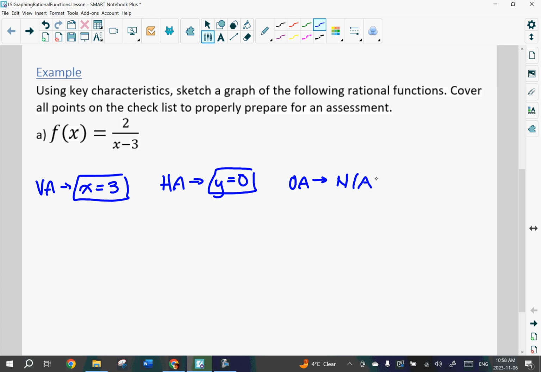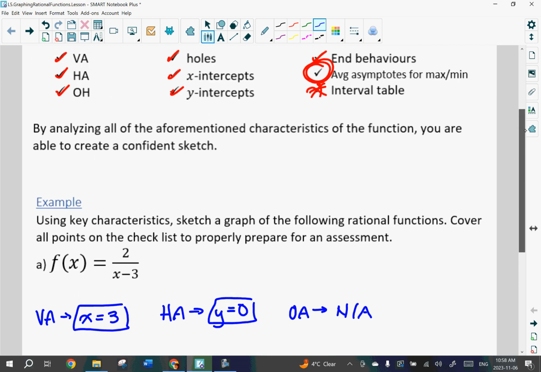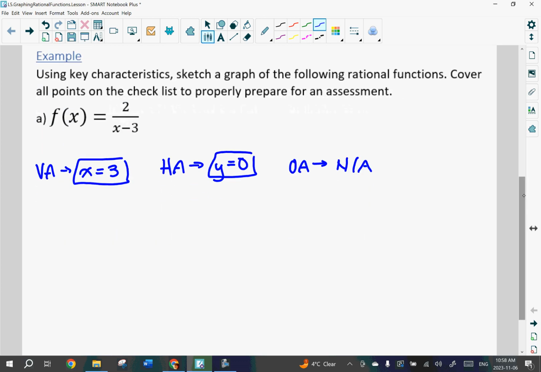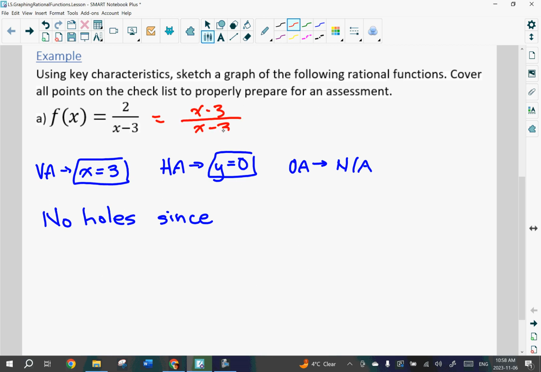Checked those things. Then go to see if there are any holes. Well, no holes, since the numerator can't be factored. It literally would have had to look like something was factored, and we would have had to get that to be able to say there's a hole.